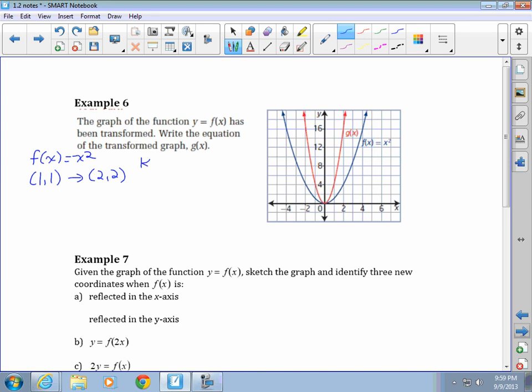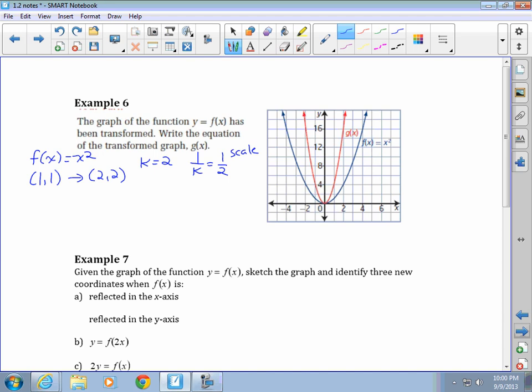If k is equal to 2, then 1 over k, our factor, is equal to 1/2. I should have written it like that. So we've scaled it by a factor of 1/2.